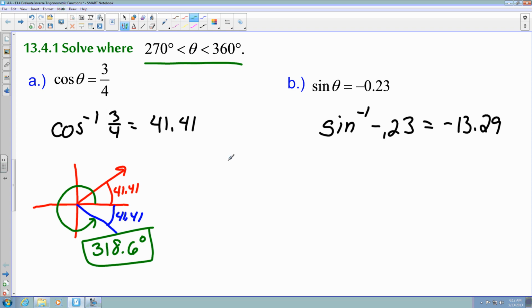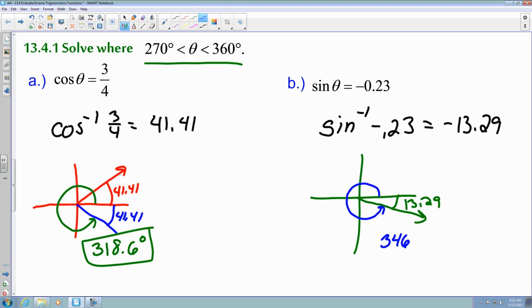This one actually shows us the correct direction, because if it goes negative, that means we're going clockwise, somewhere close to here, at 13.29. They want an angle between 270 and 360, so I take 360 and subtract 13.29, and that's about 346.71 degrees.